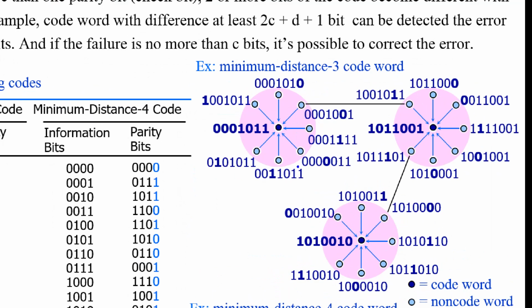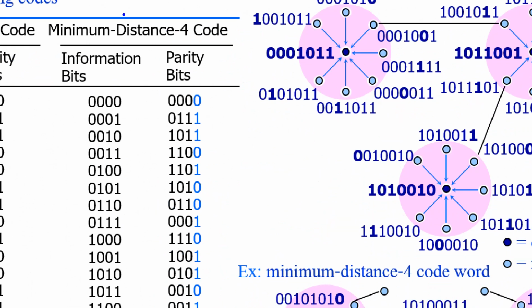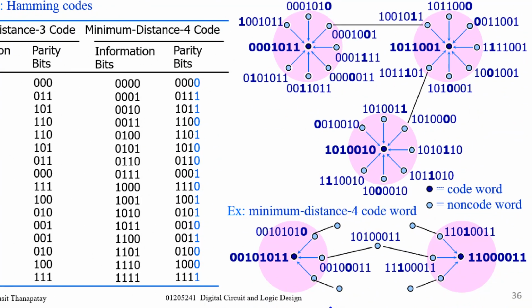By the way, for minimal distance 4, like this code word and this code word have a 4-bit difference. For this system, if a 1-bit error occurs, the system can correct it by itself.